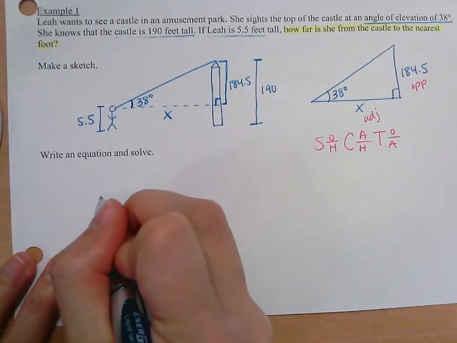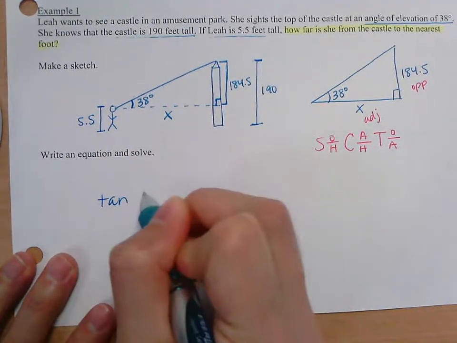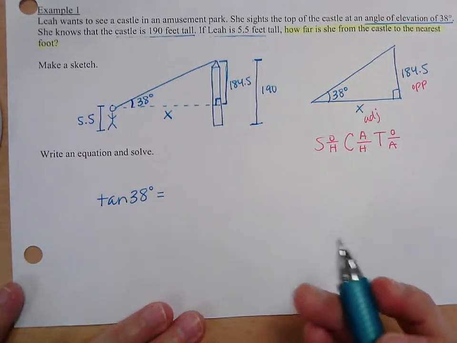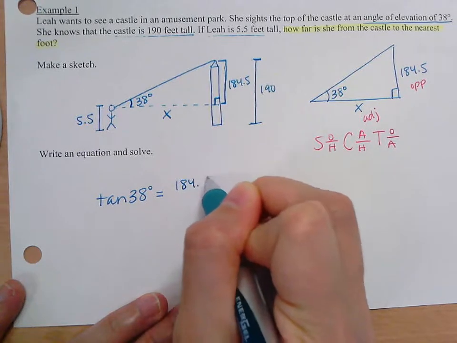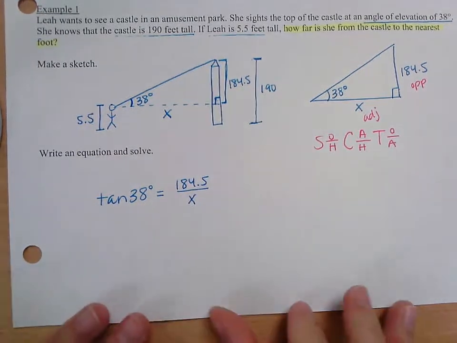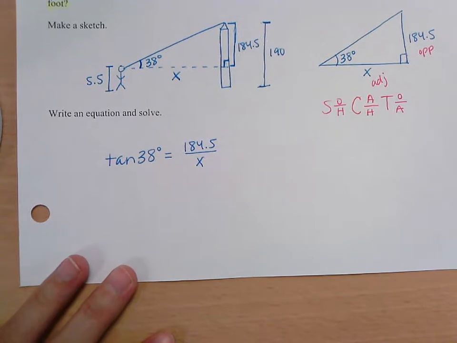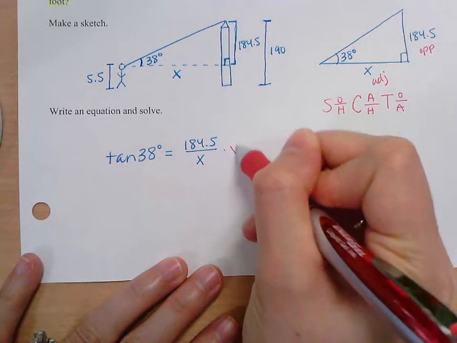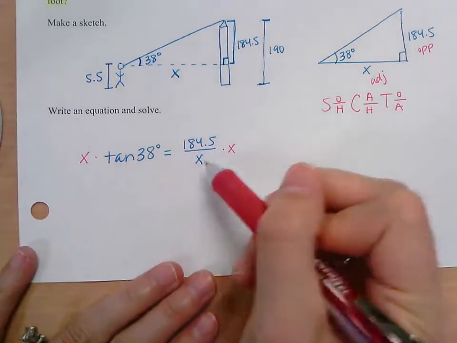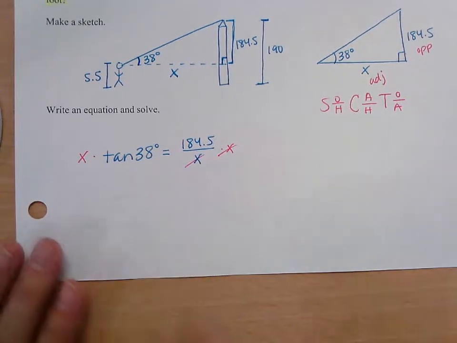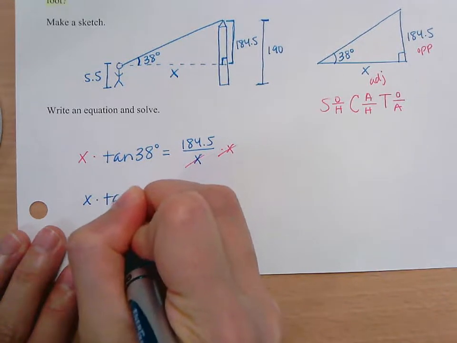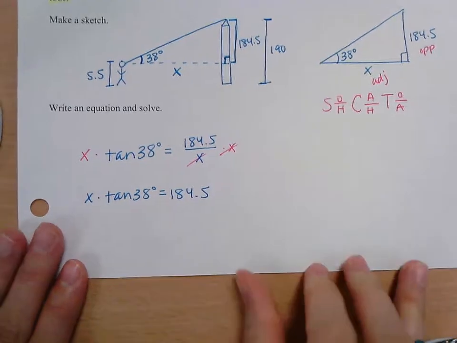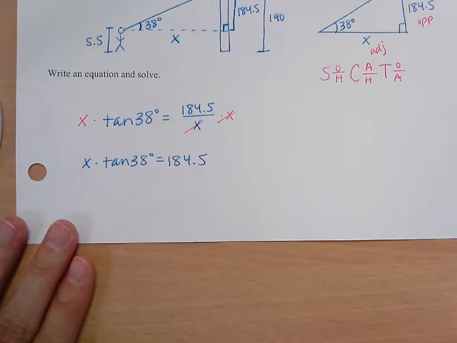So if I were to set this up, I have tangent of my angle of 38 degrees is equal to opposite over adjacent, so 184.5 over x. And I need to solve for x. How do I do that? Yep, multiply by x first, bless you. So I get x times tangent of 38 degrees equals 184.5. And then what's my last step?